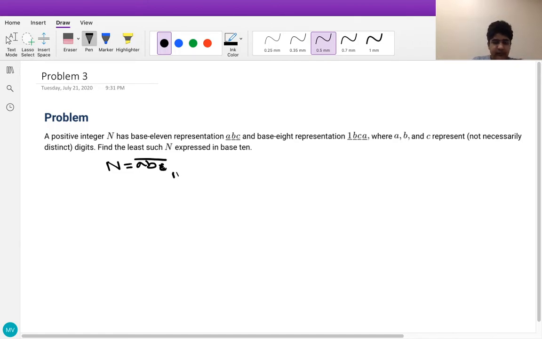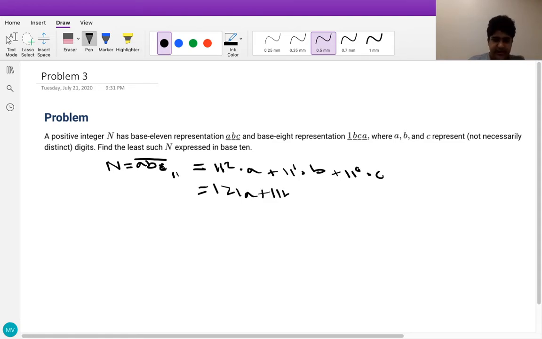Converting this to base 10, this is equal to 11 squared times A plus 11 to the first times B plus 11 to the 0th times C, or just 121A plus 11B plus C.